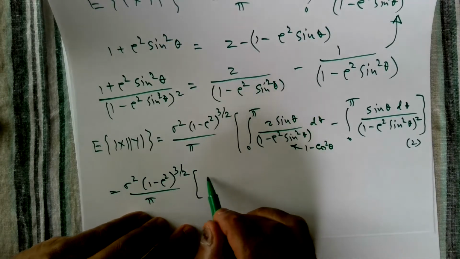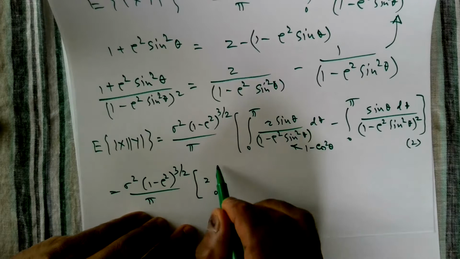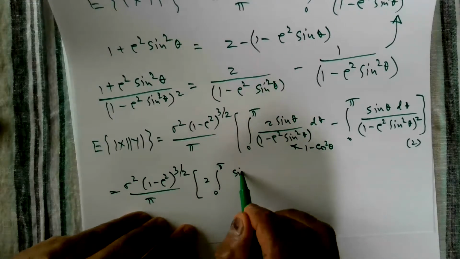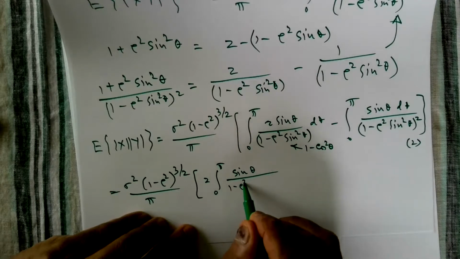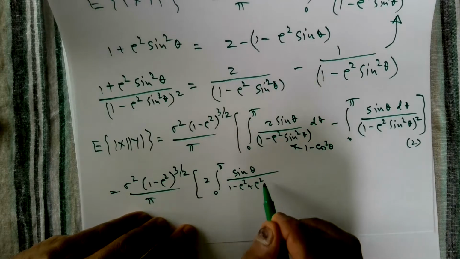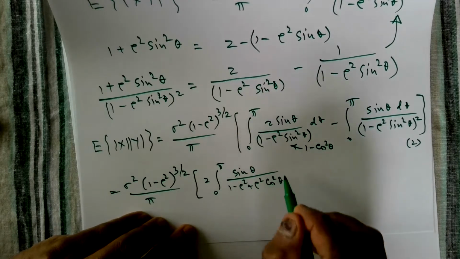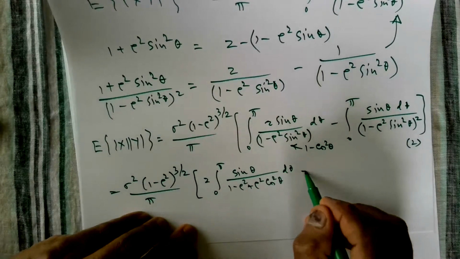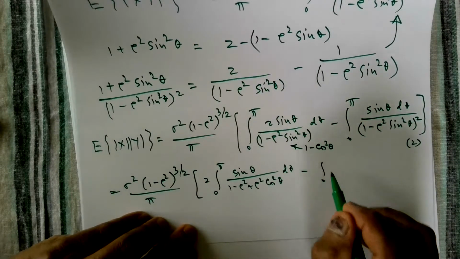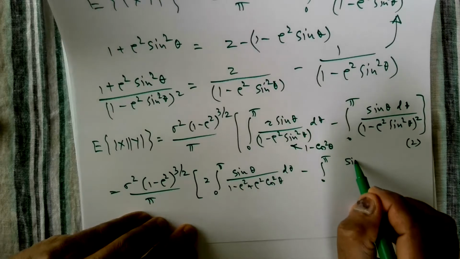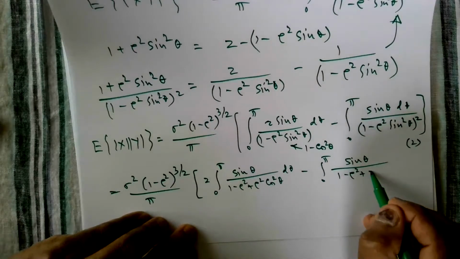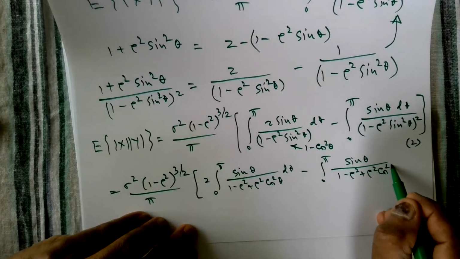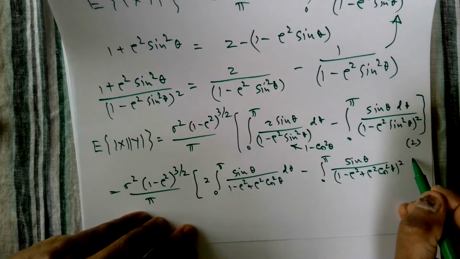Then this is 2 times the integral from 0 to pi of sine theta. So that's going to be 1 minus rho squared plus rho squared cos squared theta d theta, minus the integral from 0 to pi of the same thing, 1 minus rho squared plus rho squared cos squared theta, squared, d theta.